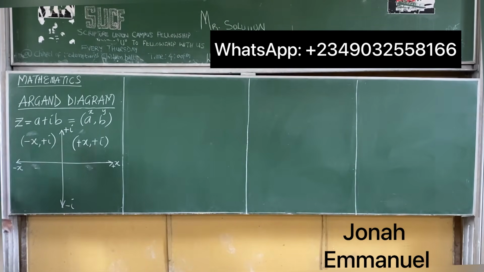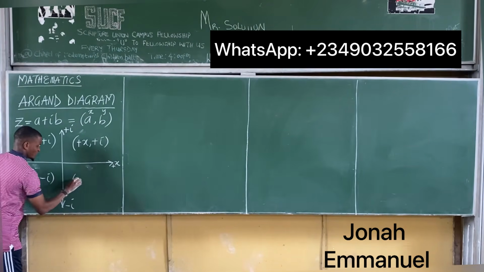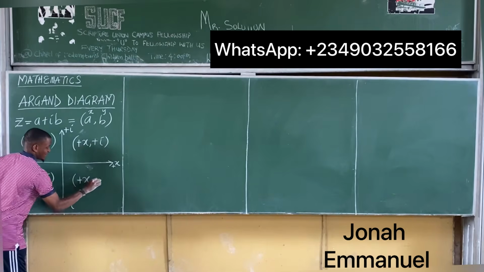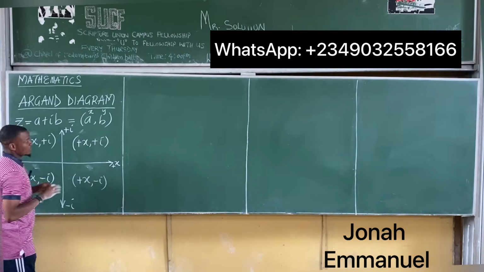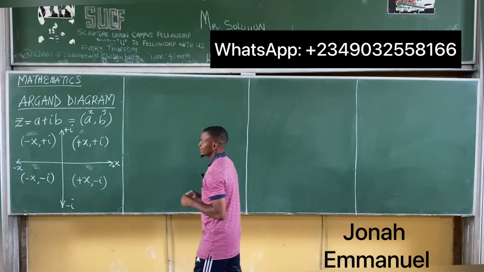This region is for negative x value and negative i value, while this region here is for positive x value and negative i value. We'll just take a few questions and we'll see how we plot an Argand diagram.